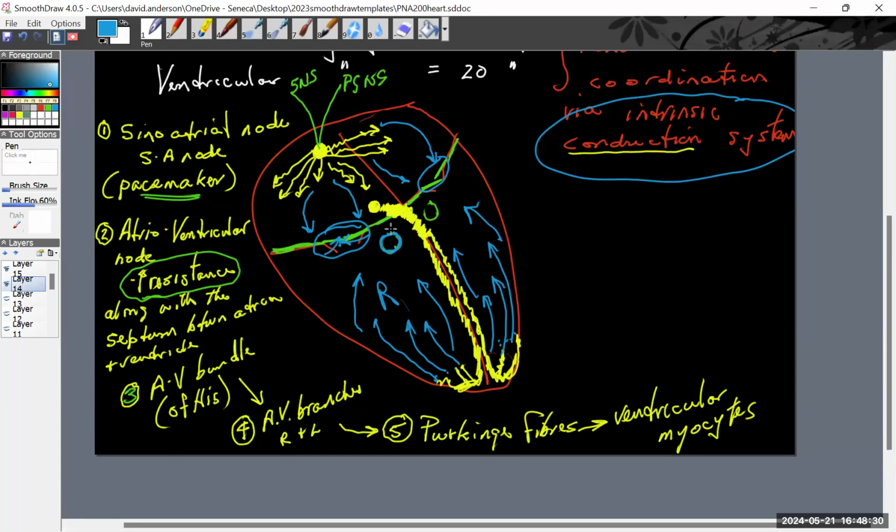The AV valves are going to be open together and closed together. And that's going to be dependent very simply on whether the pressure is greater in the atrium, when they'll be open, or in the ventricle, when they'll be slammed shut.